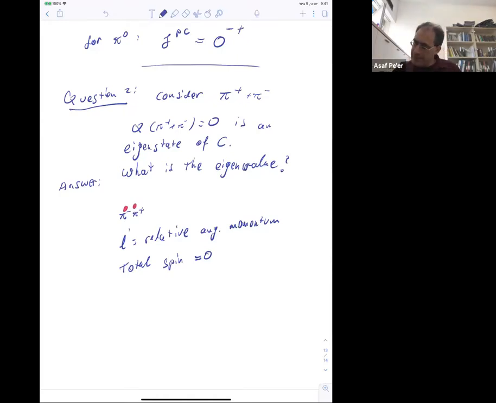So acting with C on the state is really inverting their relative location.